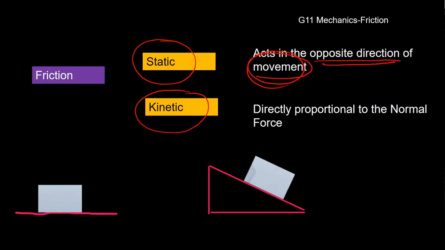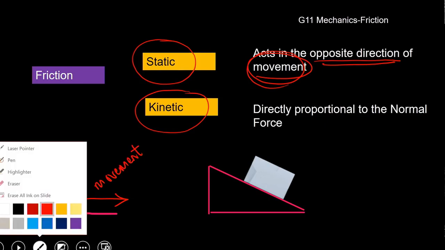When we answer questions, we need to ascertain what direction the object is moving in. So I have two pictures here on my screen. One is on a flat surface, this little one here, this box. Let's say it is moving in that direction. So that is movement or motion. What then is my frictional force?